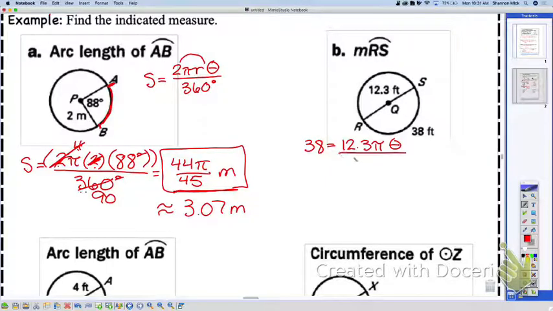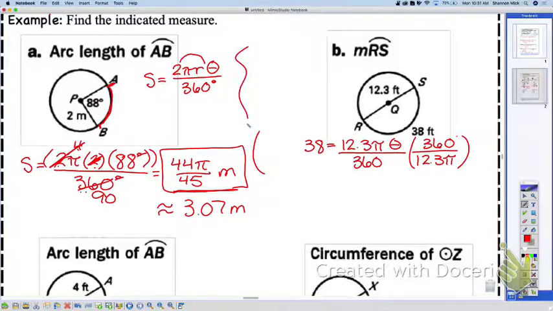Over 360. When I have a fraction and I need to move it to the other side, I multiply by its reciprocal, don't I? So 360 is going to go in the numerator, and 12.3 pi is going to go in the denominator, isn't it?